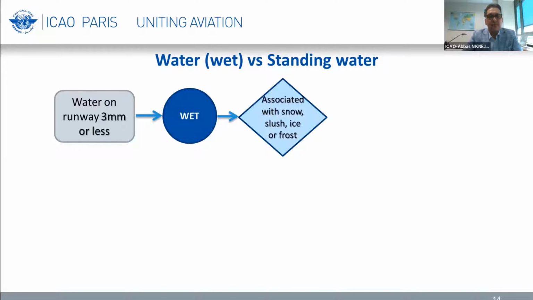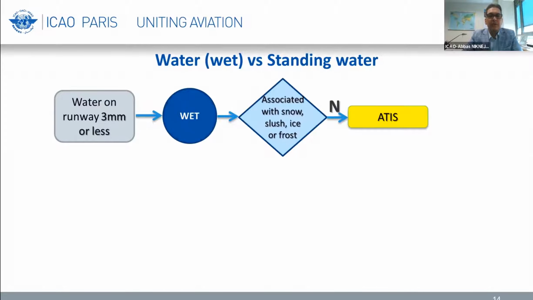A question is raised at this point: is this wet runway associated with the treatment or clearing of snow, slush, ice, or frost? If the answer is no, the information could be provided by ATIS. It would be sufficient.